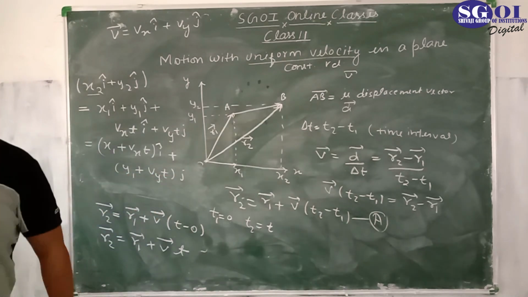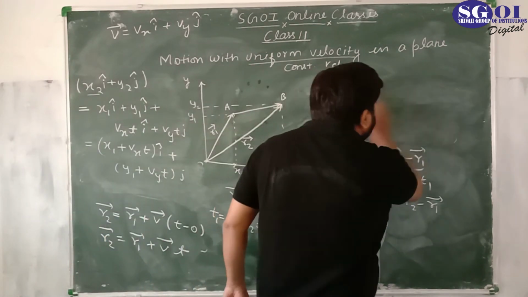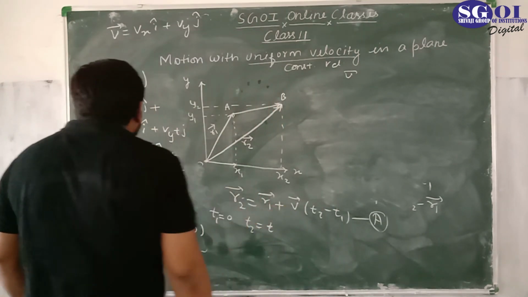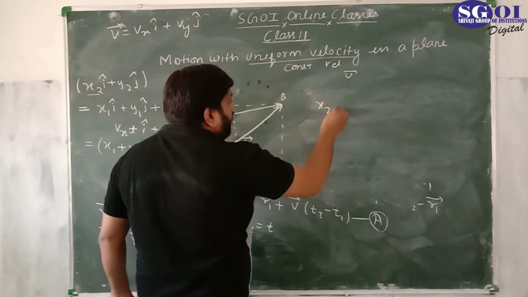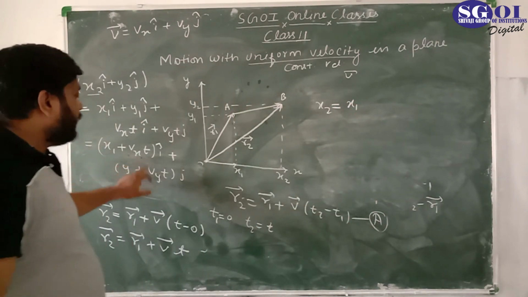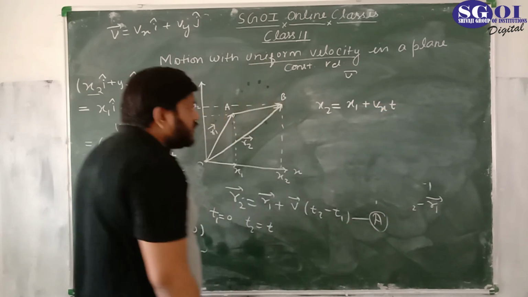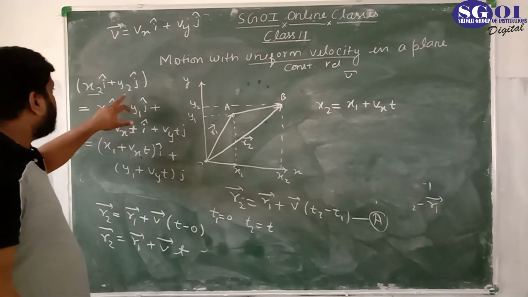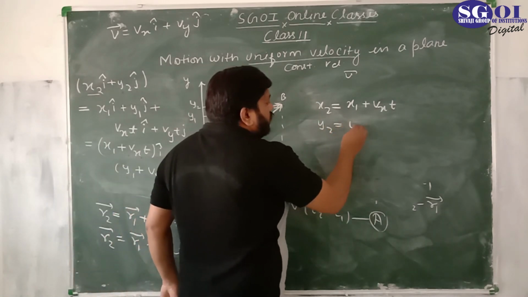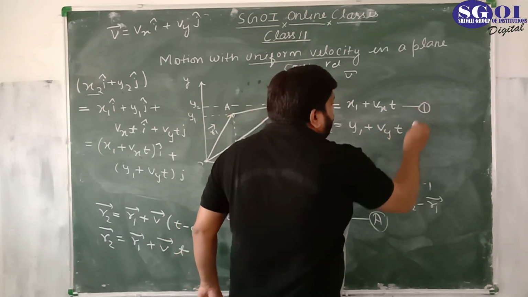So on comparing, finally what we get is x2 equal to x1 plus vx t, this is the first equation, and second is y2 equal to y1 plus vy t.